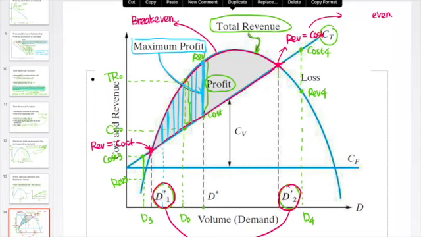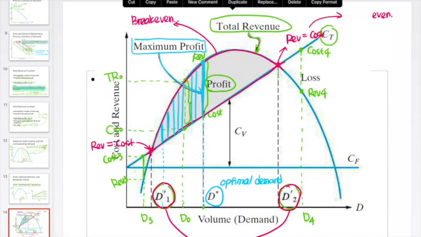Remember that, okay? So you're going to have the longest profit line in the gray area at this point. What is the point? That's the demand you want to know, the D star. Okay, so D star is also called optimal demand, because that's where you have your optimal case. You have the biggest profit you can make. So at D star, you have your maximum profit.